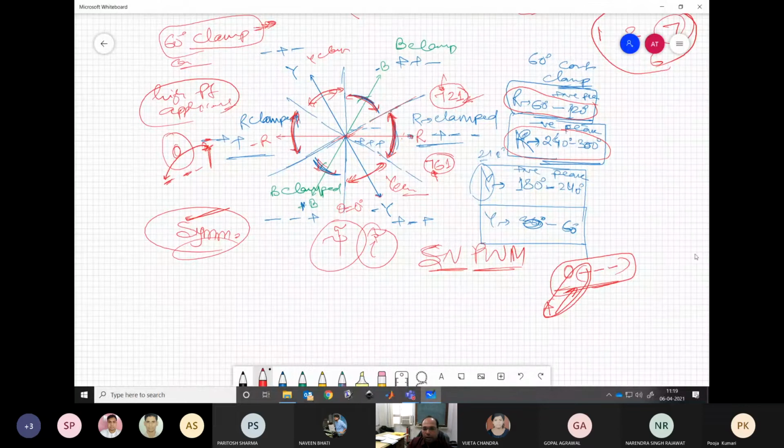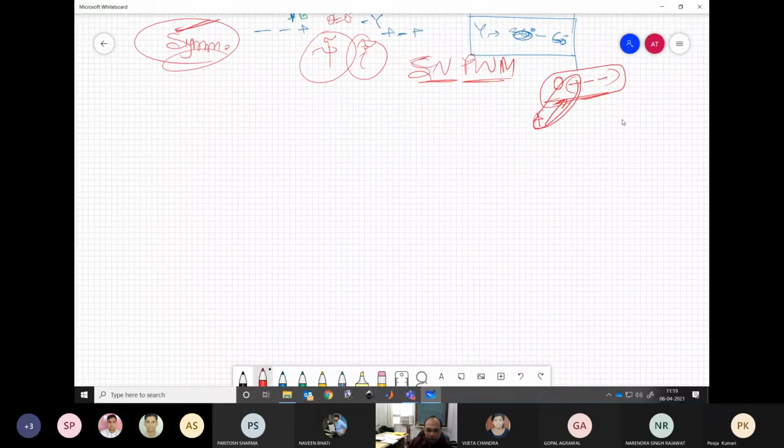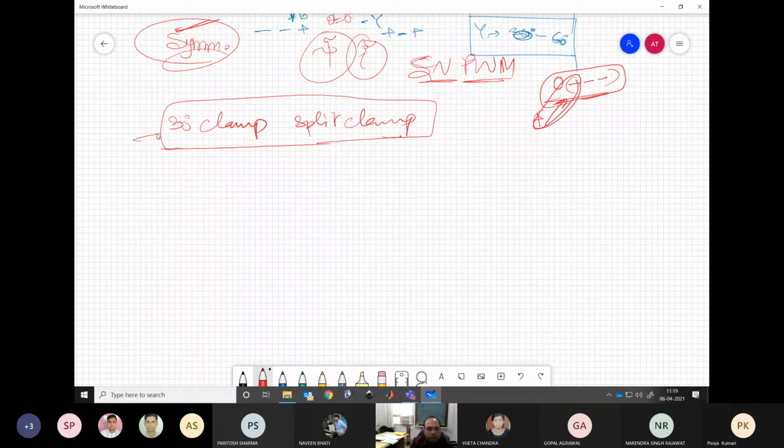Let us say we try to achieve our 30-degree clamp, that is also called split clamp. Here again, you may go back and see what range we have identified for clamping. The trick is this sequence.